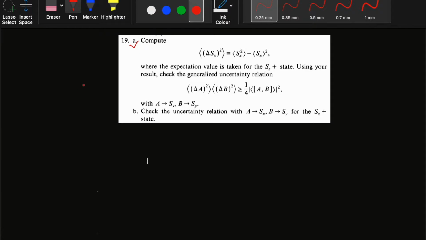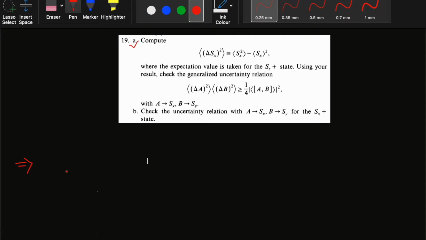To solve question a, let us recall the results of the problems that we have solved earlier, question 8 and question 9.